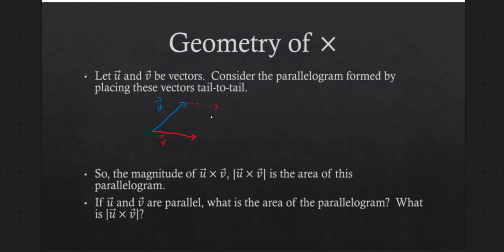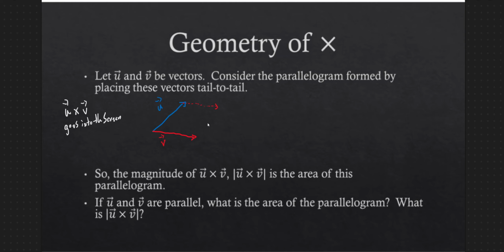So there's v again, and imagine u as the wrench and v as the force I'm applying to that wrench. Point your fingers in the direction of u, curl them downward in the direction of v. Your thumb should point in, so the torque u cross v here would go inward. In this example, u cross v goes into the screen.